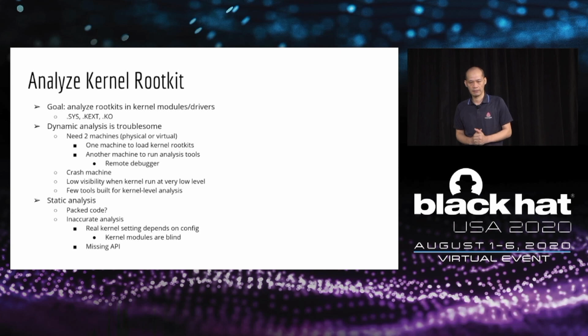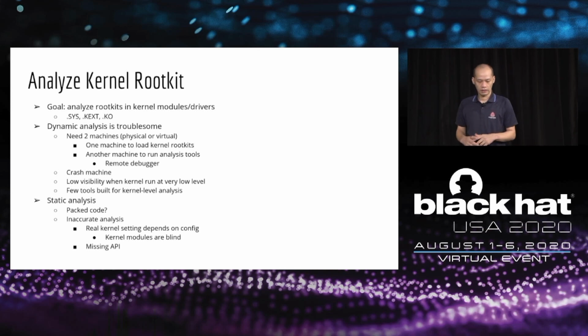The second approach is static analysis, which is that you put your kernel rootkit files into some analysis tools like IDA Pro or Binary Ninja or whatever. However, analyzing a kernel rootkit in a static way like this is also very troublesome. For example, a kernel rootkit can be packed, and in that case, a static analysis tool cannot recognize it.